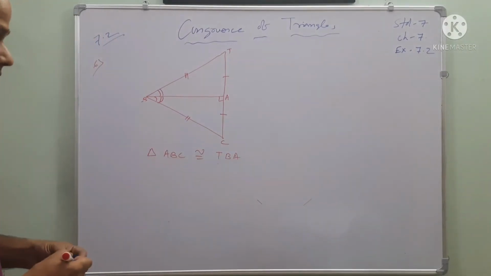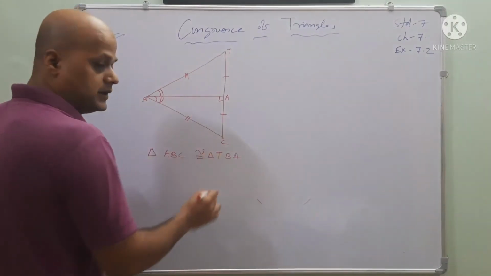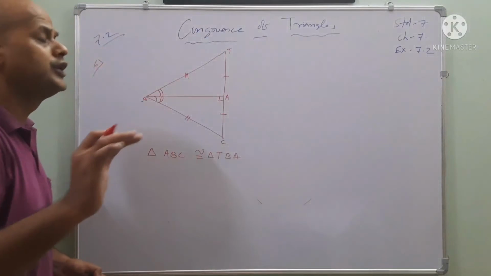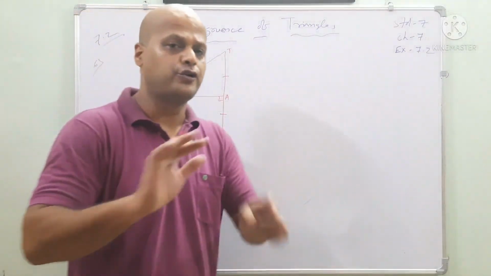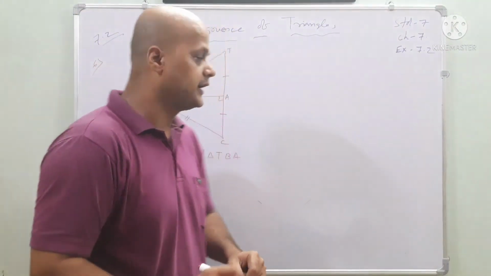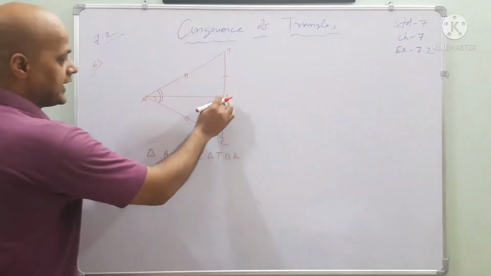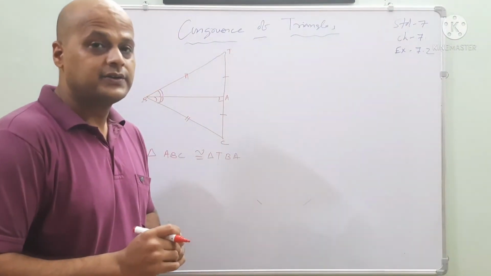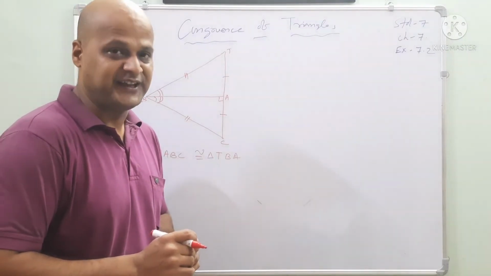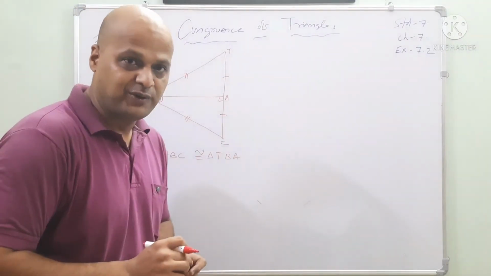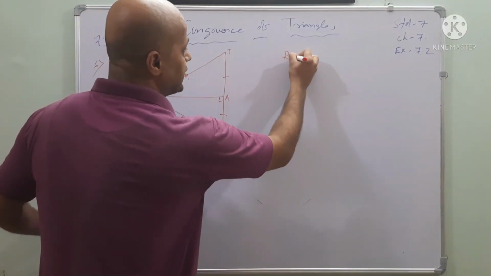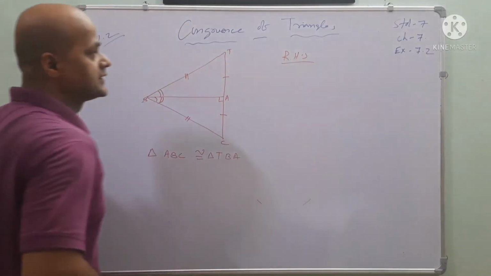Okay, we know that these two triangles are congruent, but which criterion they follow, we don't know. Let's go for it. Okay, first one, right angle is given. Means, yes, tell me. Yes, RHS rule will be there. RHS rule. Okay, I will write here. It follows the RHS rule.